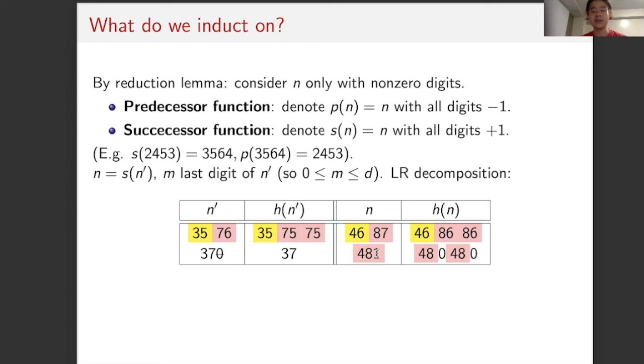Because our successor does not have any zero, the whole string does get copied into the R part. Meaning that L here is just an empty string, and then it becomes 480 after this hash function.